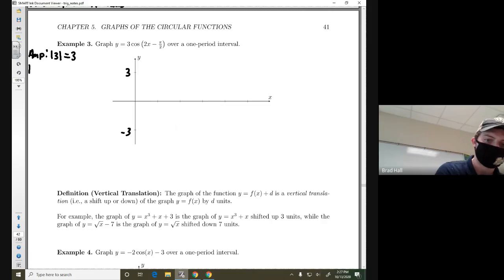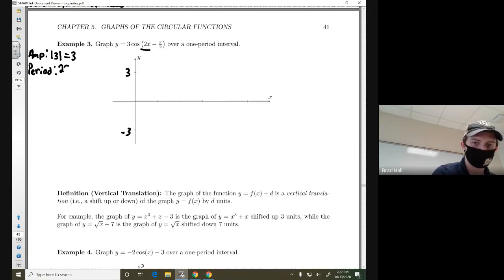And let's move on to the period, which is no longer just 2 pi, because the period is affected by the number that multiplies the variable. We now have a number multiplying the variable. It's 2.